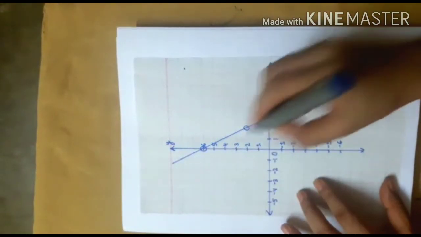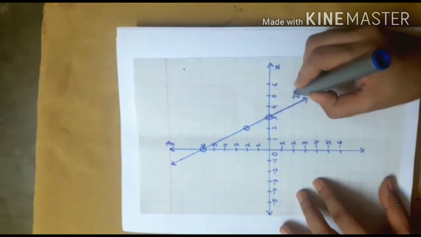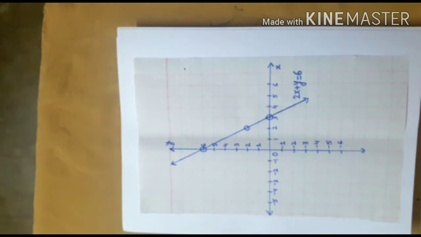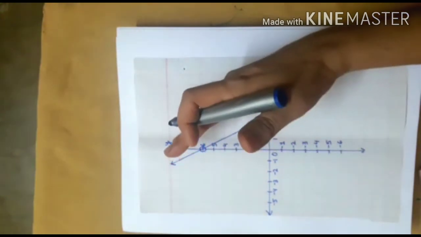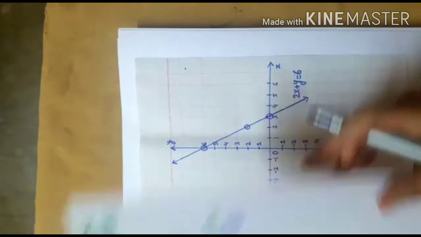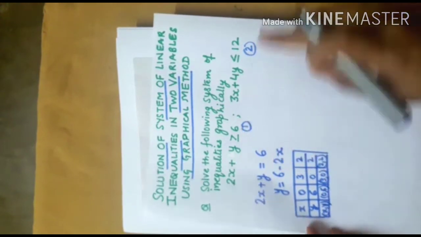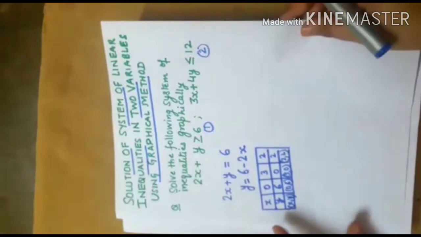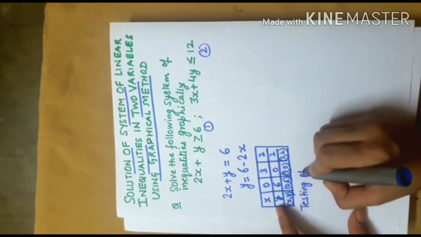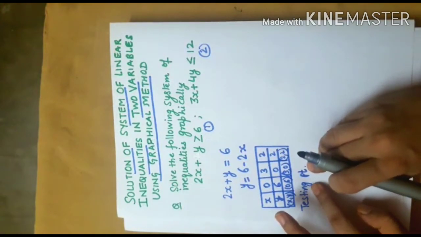So this is the line 2x plus y equals 6. Now, one of these planes will represent 2x plus y greater than or equal to 6. To decide that, I'll take a testing point. Any point which does not lie on the line can be taken as a testing point.